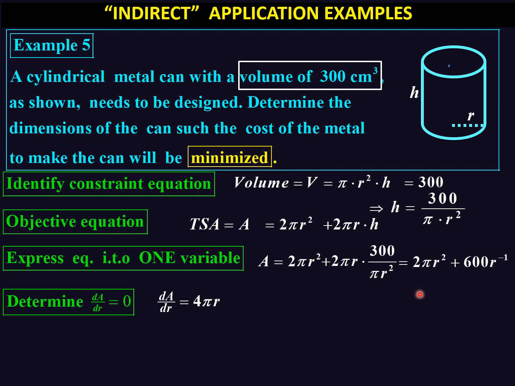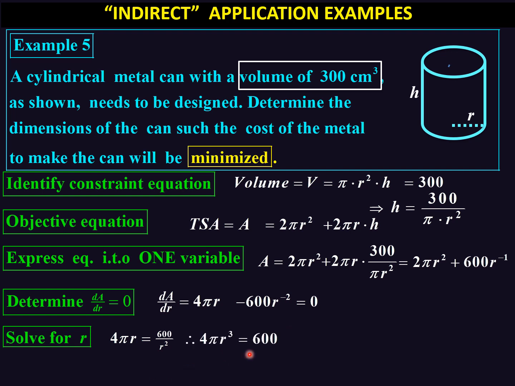Differentiate 2 pi r squared becomes 4 pi r, and that one now we should get used to, which is negative 600 r to the negative 2. Just be careful. Let's transpose the negative term. Instead of writing r to the negative 2, we write divided by r squared. About the third time that we've encountered this. We multiply by r squared or cross multiply.